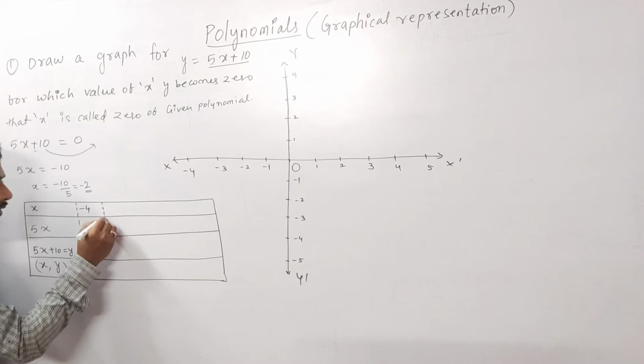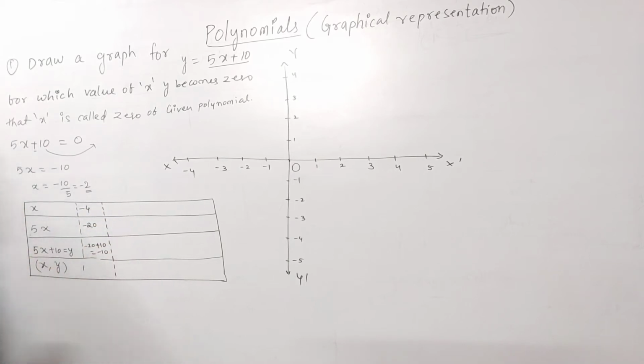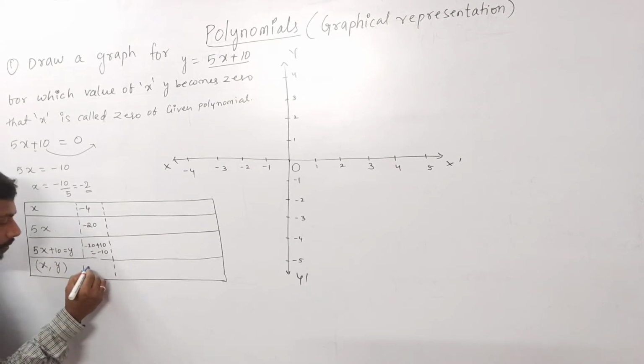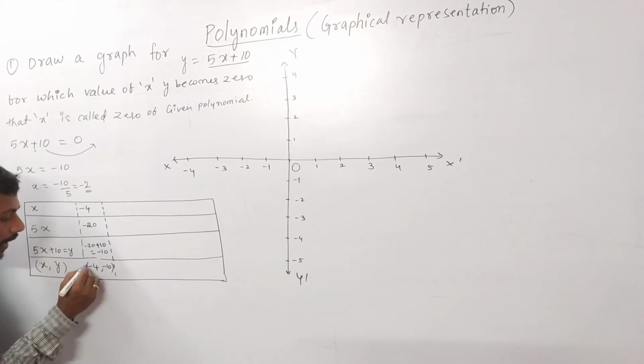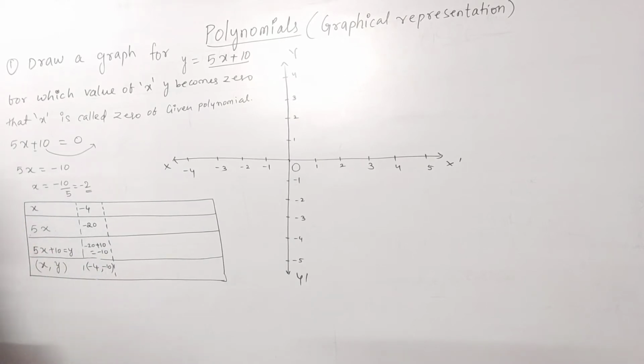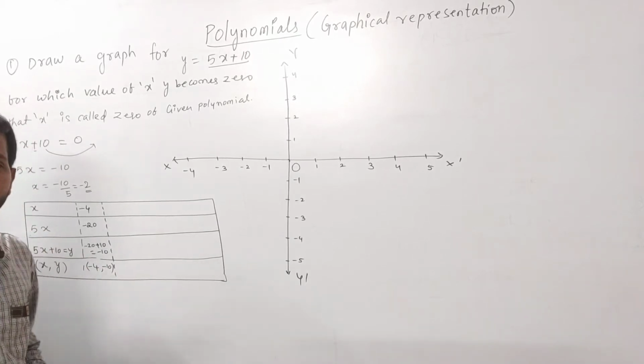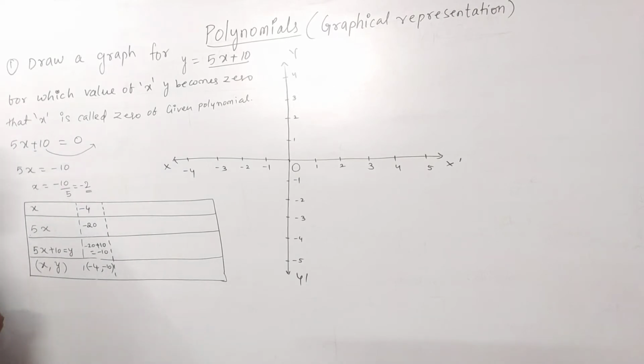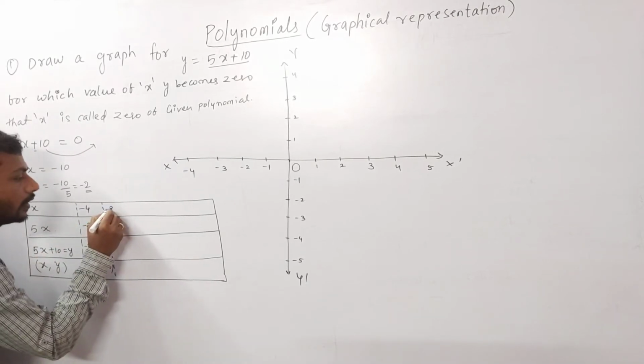Then the coordinate you got: if you take x as minus 4, you got y as minus 10. Minus 4 comma minus 10. Clear?